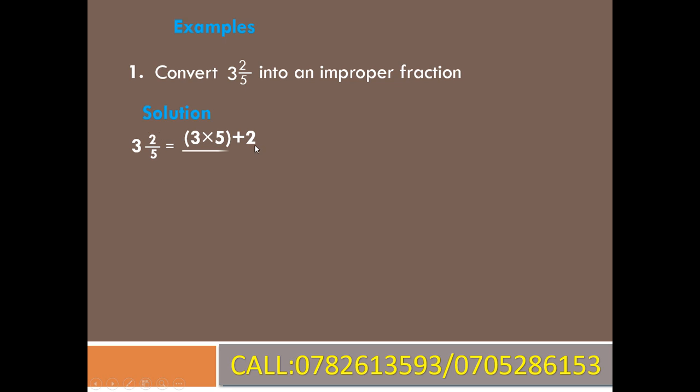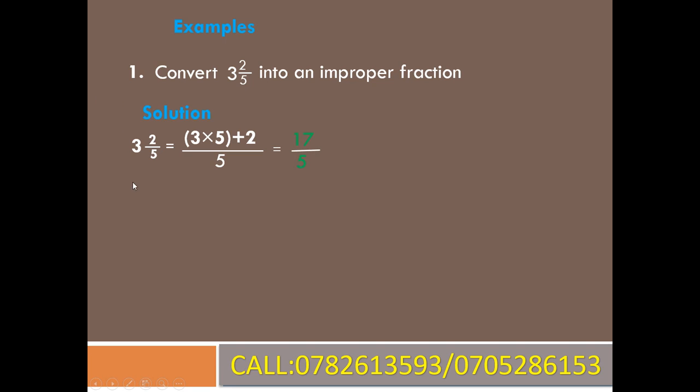Now everything out of the denominator, which is 5. I repeat that. 3 times 5 plus 2, the whole number, which is 3, times the denominator, which is 5, and then we add the numerator. So 3 times 5 plus 2, everything out of 5, and that will provide us with 17 out of 5.